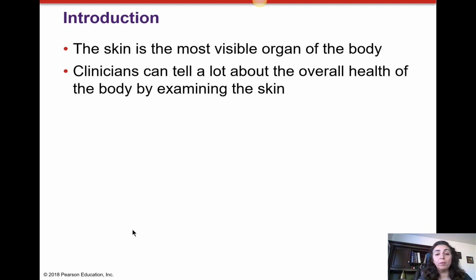Or when the skin becomes yellow, that's what we call jaundice, and it may have many causes behind it. So this is just the color of the skin. There are many other things of the skin that can tell you what's going on beneath and in the overall health of many systems of the body.